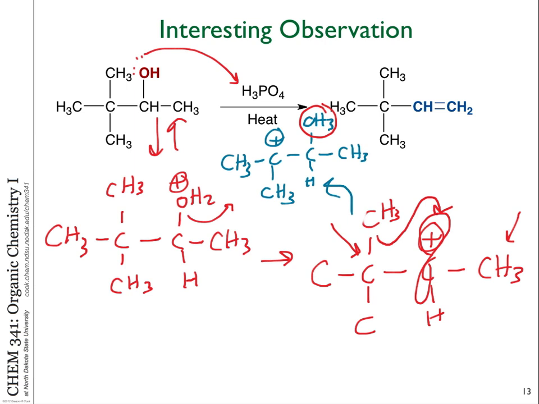And why would it do that? Why would it bother breaking a carbon-carbon bond and moving a CH3 group over? Not because it's less sterically crowded. The most important thing is that this is a secondary carbocation here, and by the CH3 moving over and leaving the other carbon empty, we now have a tertiary carbocation. It's a more stable carbocation.